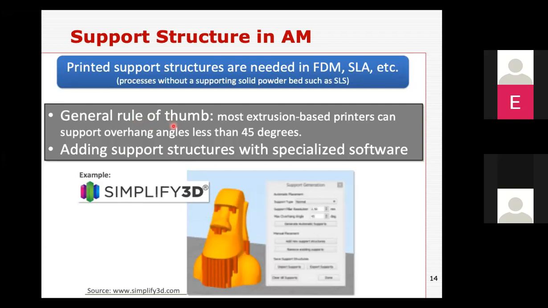If you are using an extrusion based system like FDM, and your overhangs are less than 45 degrees, it needs a sort of support. As I said, you have open source software like Simplify3D, and Cura, or other software to perform this job.